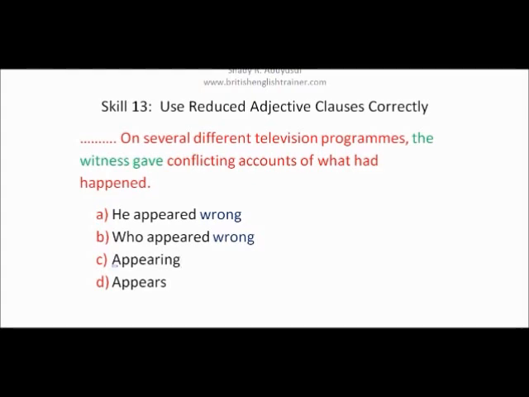So we can say appearing on several different television programs, the witness gave conflicting accounts of what had happened. That would be the correct answer. Let's write that here. Correct. Great. And let's give it that color.